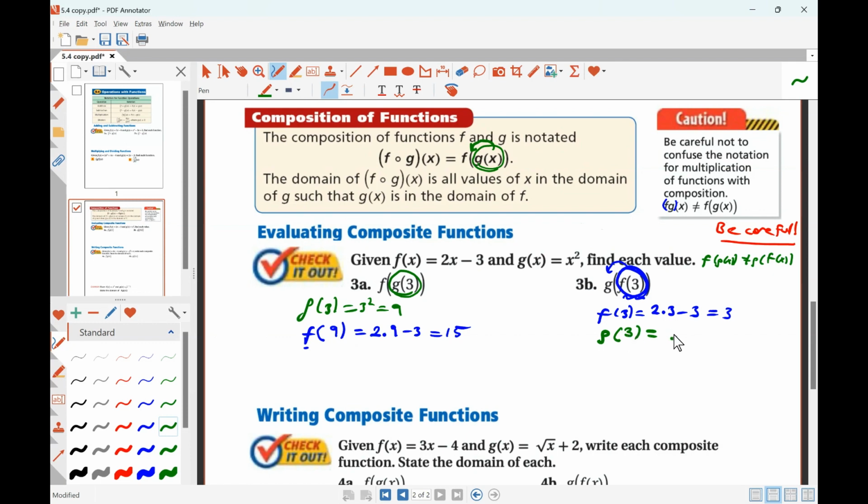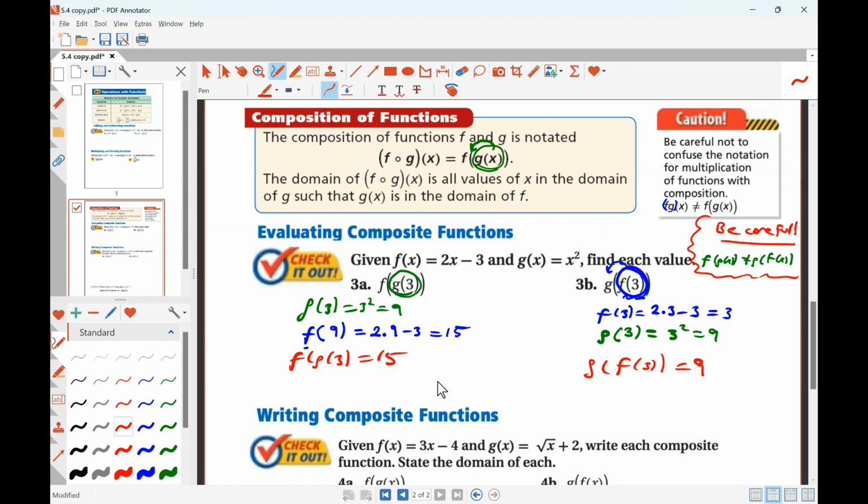So it's going to be 3 squared, which gives you 9. So g of f of 3 is 9, and f of g of 3 is 15. As you can see, changing the order changes the results. 15 is not equal to 9, so it verifies this note.